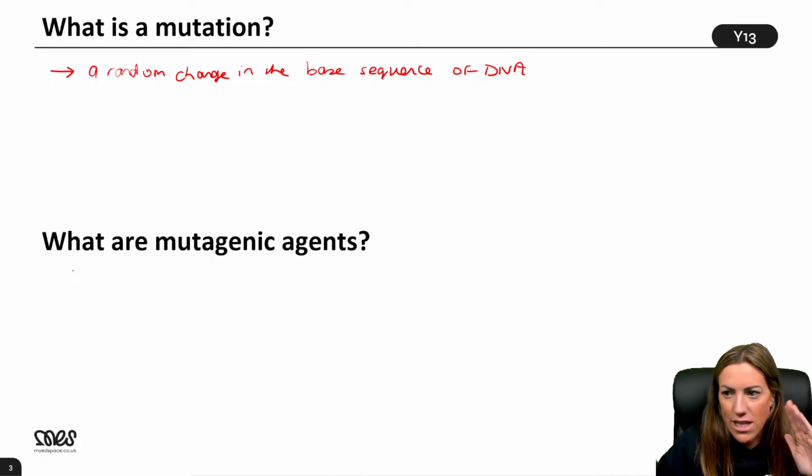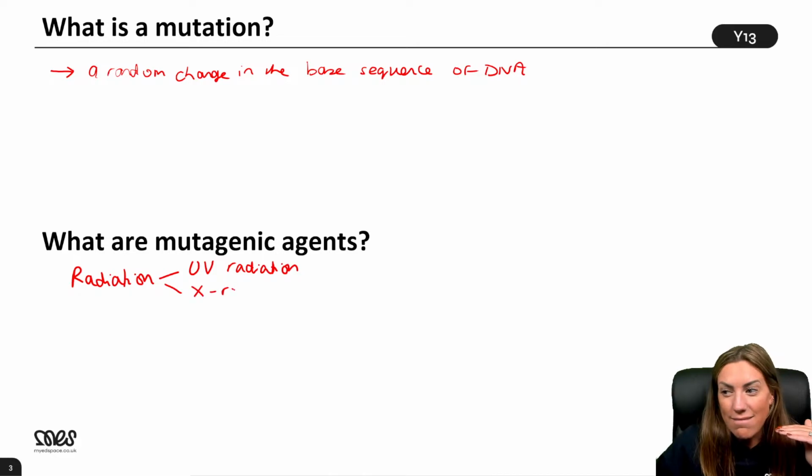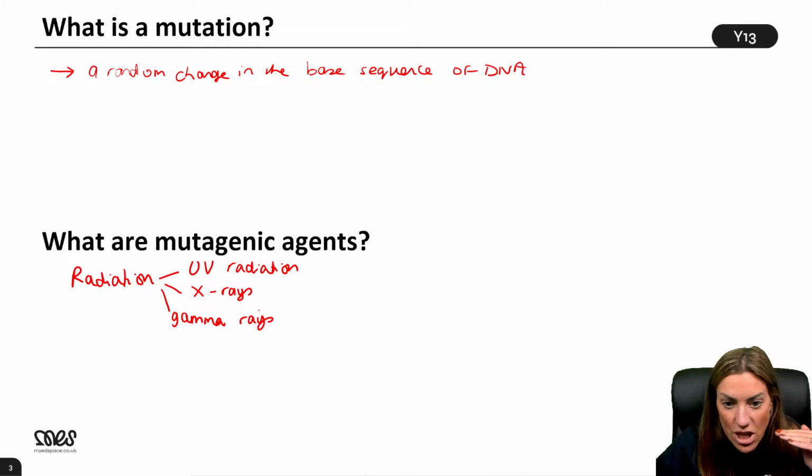Exposure to radiation is a big one. There are different types of radiation that act as mutagenic agents: UV radiation, X-rays, gamma rays.